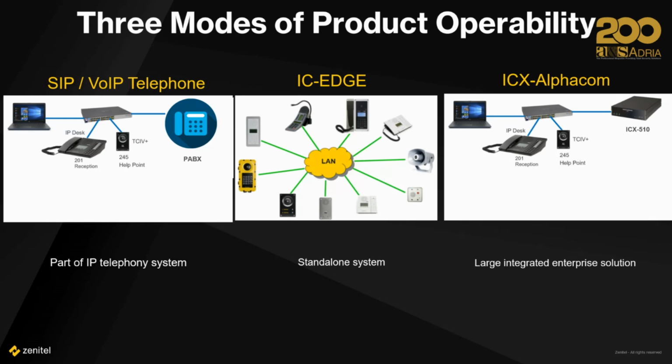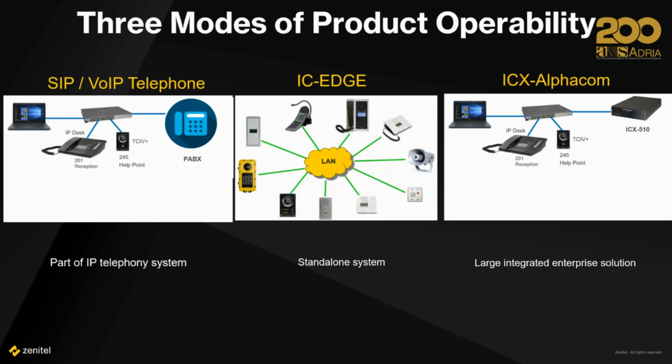For the larger customers, or for the larger integrated enterprise solution, we have a dedicated communication server called ICX-Alphacom, on the right-hand side of this slide. ICX-Alphacom offers comprehensive call services, such as integration towards a radio system, broadcast call, group call, conference features, and so on. It also offers comprehensive integration possibilities towards security platforms over open standards such as ONVIF and SIP.